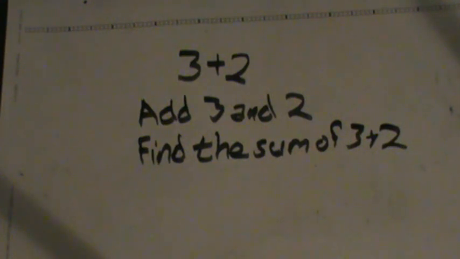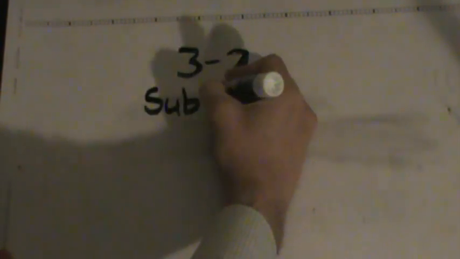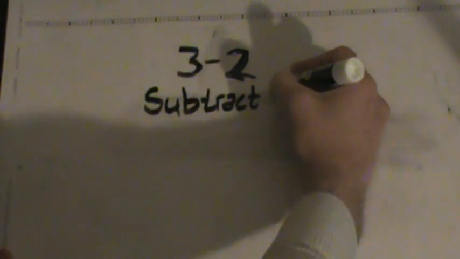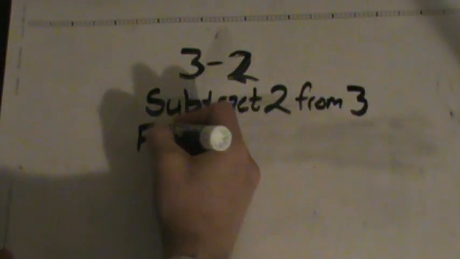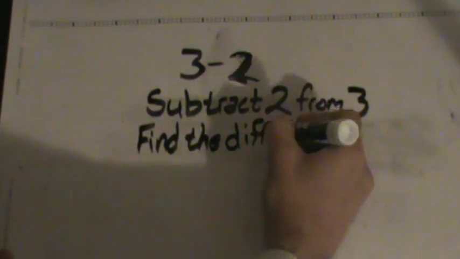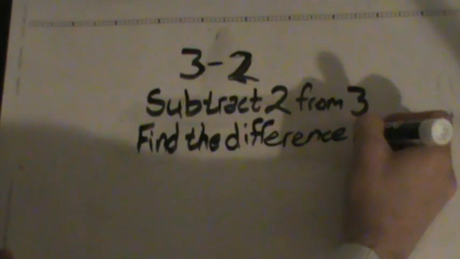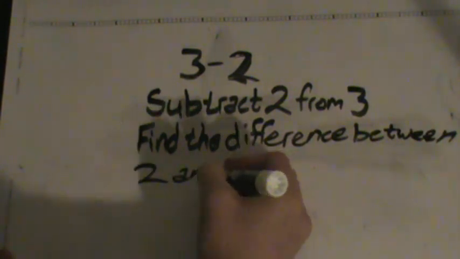Similarly, if instead of 3 plus 2, it was 3 minus 2, we would want to say subtract 2 from 3, or find the difference between 2 and 3.